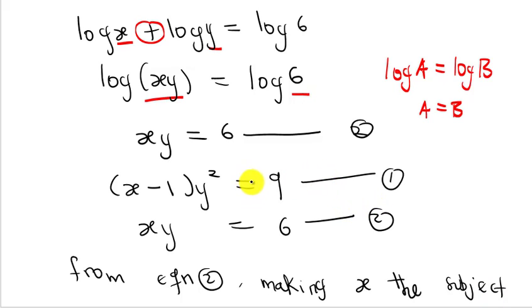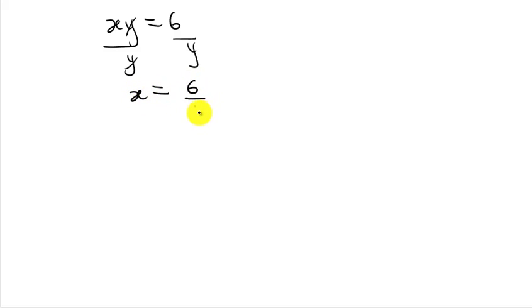If that is the case, then from xy being equal to 6, we can divide both sides by y. And we are going to have our x to be equal to 6 over y. So we can label this as equation 3. Therefore, what we can do is substitute this particular equation into equation 1.